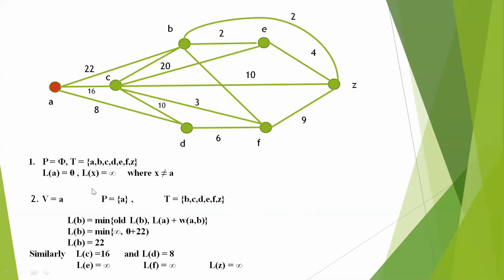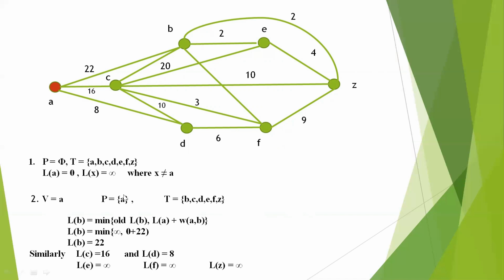Then the first vertex is A, so P equals A and the remaining vertices are B, C, D, E, F, Z. So to find out the next node or vertex, we use the formula. We find out the label of B, which is directly connected to A.